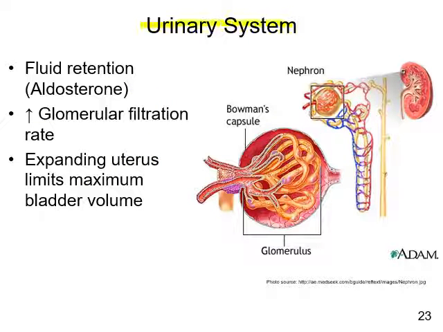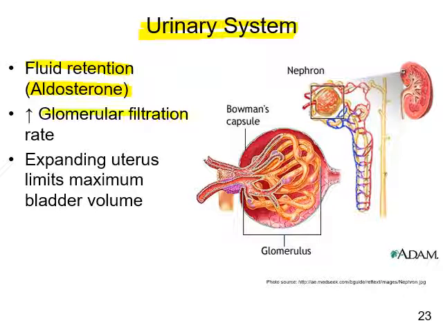There are changes in the renal system, the urinary system. Fluid is retained, so aldosterone, this is something that you know about, aldosterone levels increase, causing increased retention of salt and water during pregnancy.